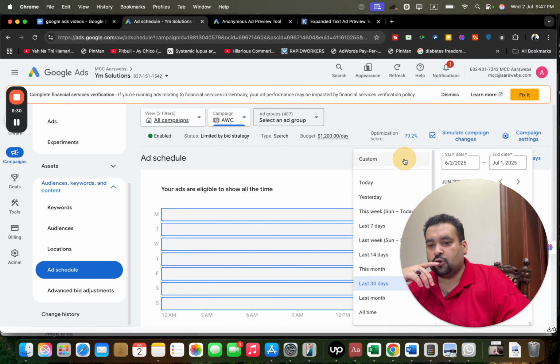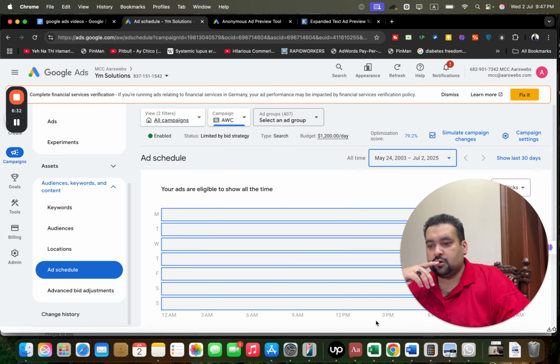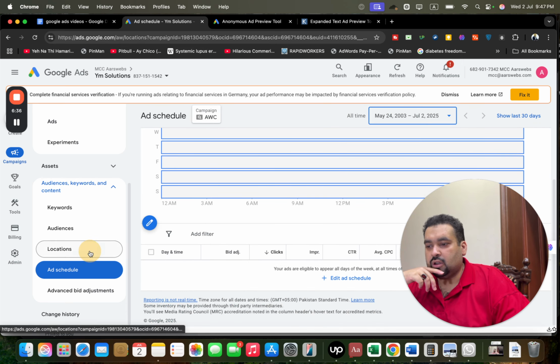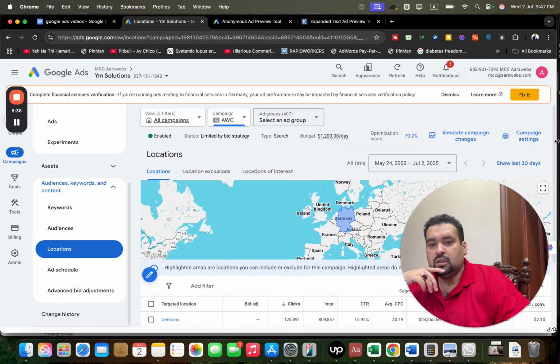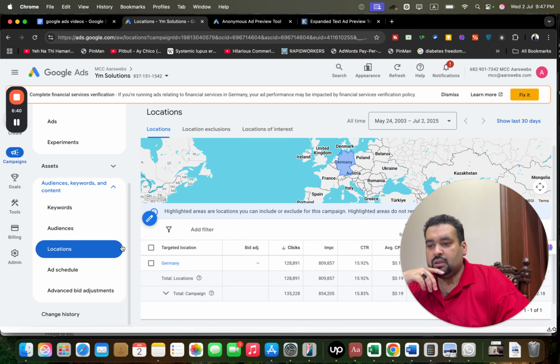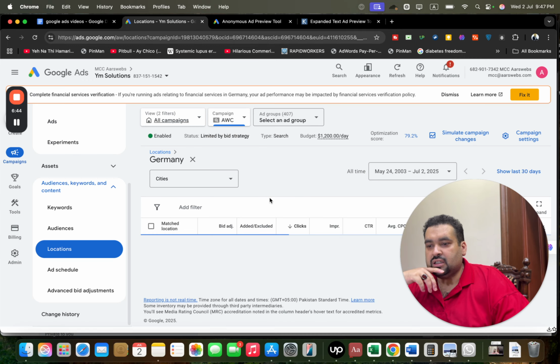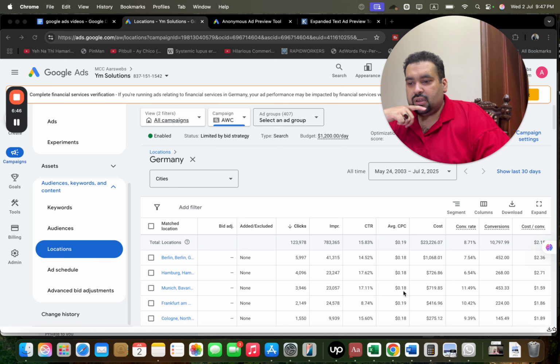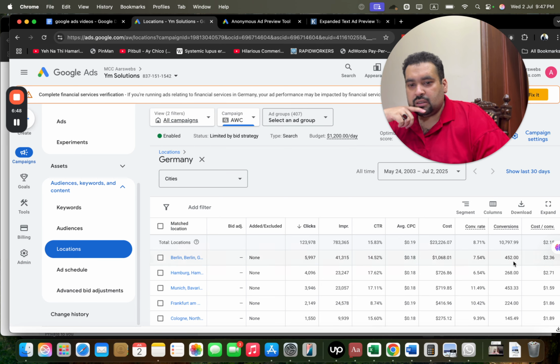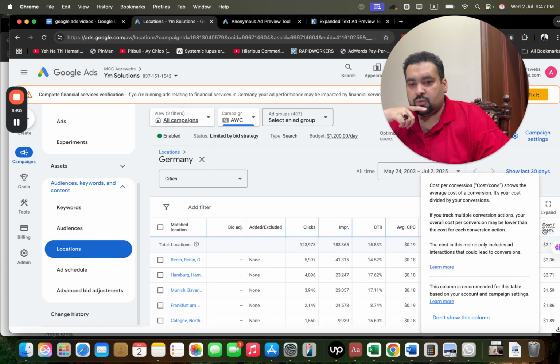So let's say I'm going to make it bigger. This is not visible because this is not a running campaign, but you may see locations. You can even find around in the city section to see where you are getting more sales and lesser cost per conversion.